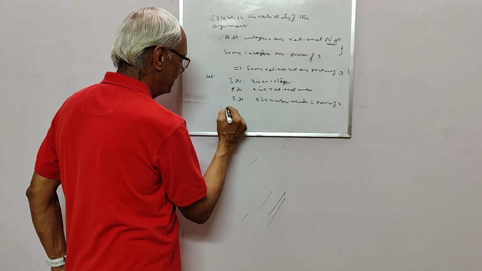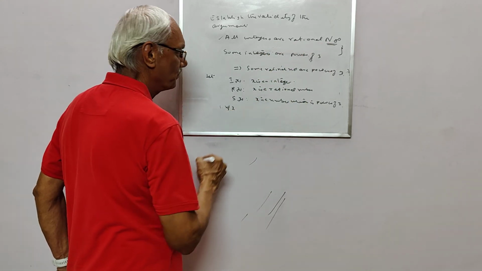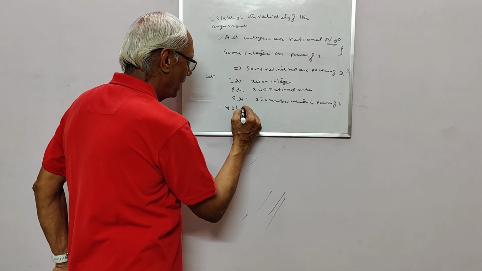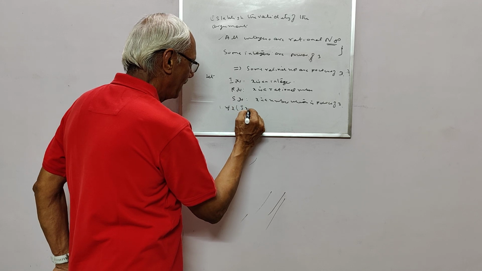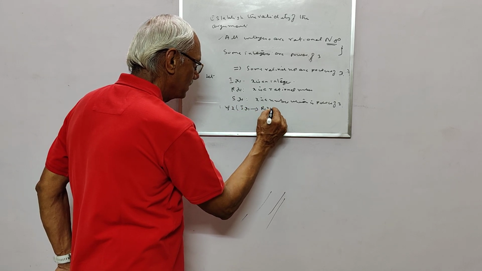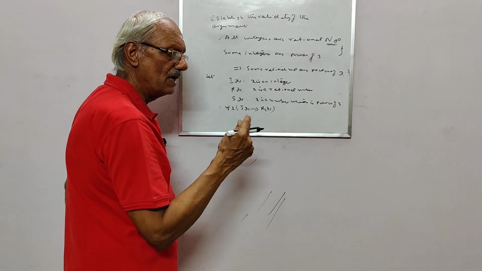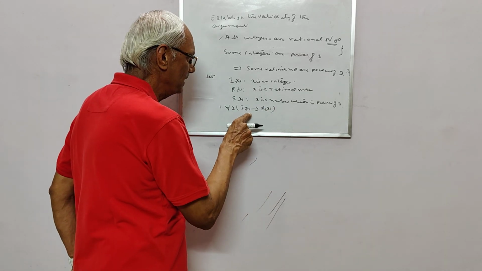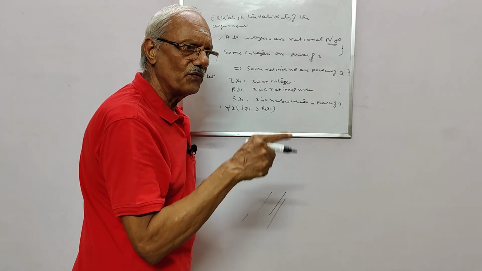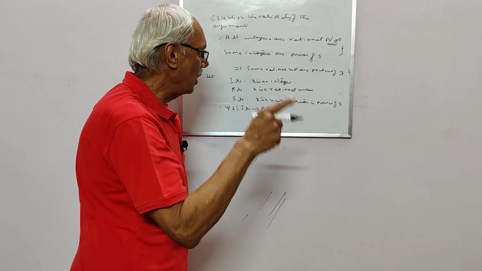That means the first one is: for all x, I of x implies R of x.